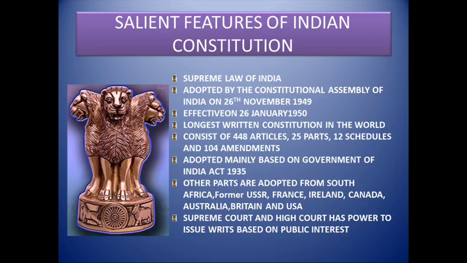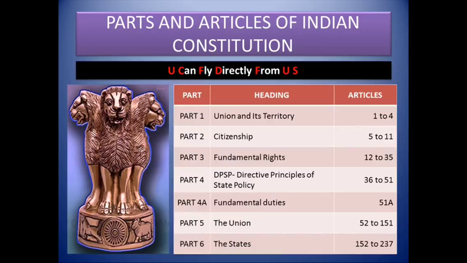That is, apart from the Government of India Act 1935, there is South Africa 1, USSR 2, France 3, Ireland 4, Canada 5, Australia 6, Britain 7, US 8. 8 countries. And the Supreme Court and the High Courts have special power to issue writs based on public interest for the public. These are the salient features.